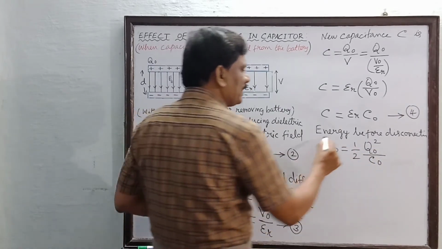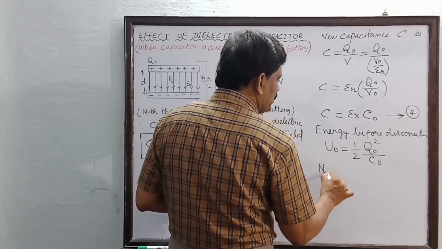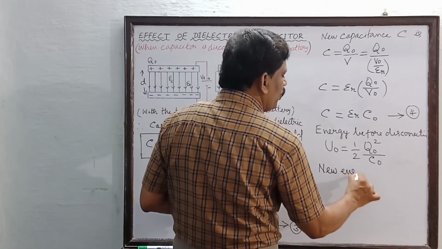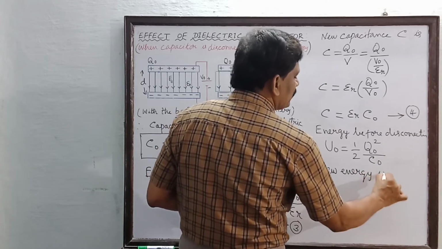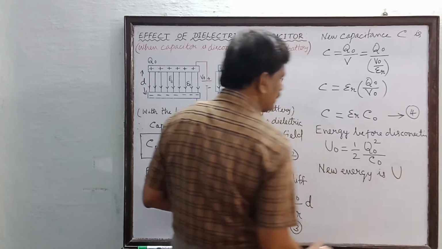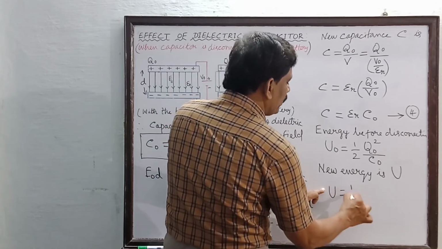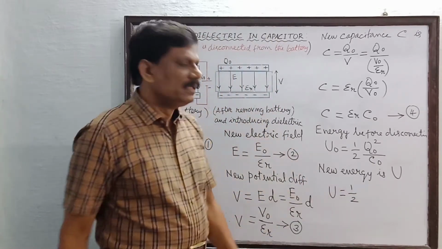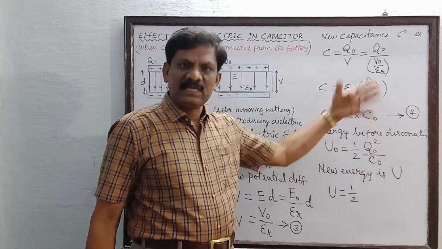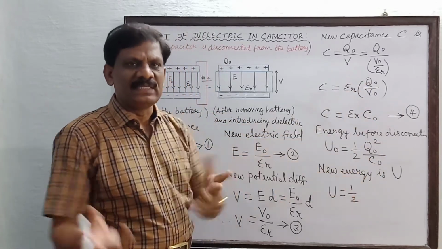Now after disconnecting, what is the expression for the new energy? Let us see. This is denoted by U. So the new energy U is equal to half into the charge, and before and after disconnecting the battery the charge will be the same, is it not?